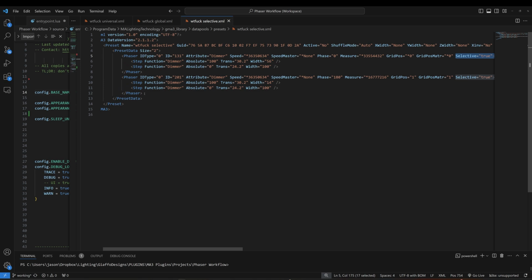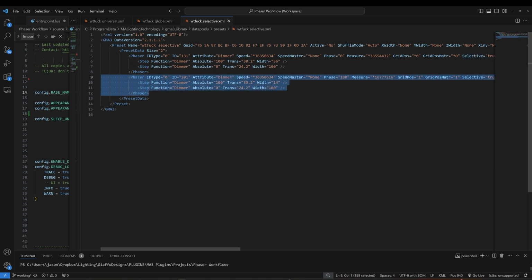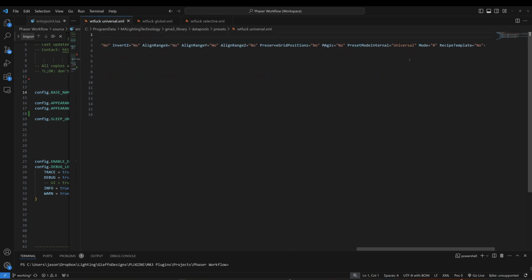The only flag that's actually turned on or off for an individual attribute is whether or not it is selective. So if it's not selective, it's global. But then if it's global and at the far end over here, the preset mode internal is set to universal, then that's allowed to be reused by other fixtures.